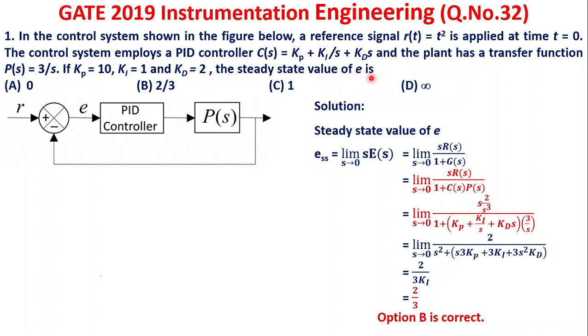See, actually they have given P of s, that is 3 by s, which is an integrator, and of course with the gain 3. Then the PID controller, the transfer function of which is given. The input R of t equal to t square means it is a ramp input. It is not a unit ramp input, because a unit ramp input would be t square by 2.